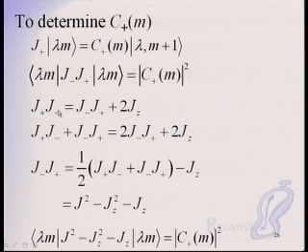Because j plus j minus and j minus j plus has a commutator equal to 2jz, so I can write j plus j minus as this. So if I add j minus j plus, then j plus j minus plus j minus j plus is 2 such factors plus 2jz. So I have the factor j minus j plus is 1/2 the symmetrized form minus jz.